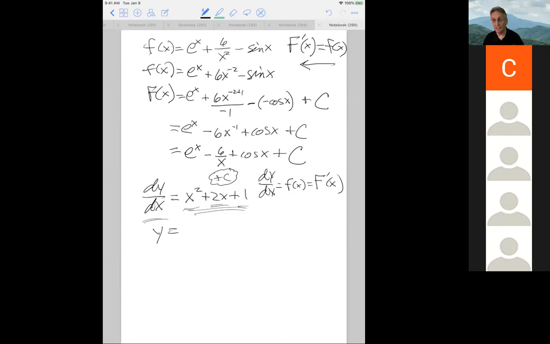And the rule is raise the power by 1 and divide by that new power. So that becomes x to the 2 plus 1 over 3. I'll change that 2 plus 1 to 3 in a minute. Plus 2, again, there's a 1 here. So raise the power by 1 and divide by that new power. So I get x to the 1 plus 1 over 2.